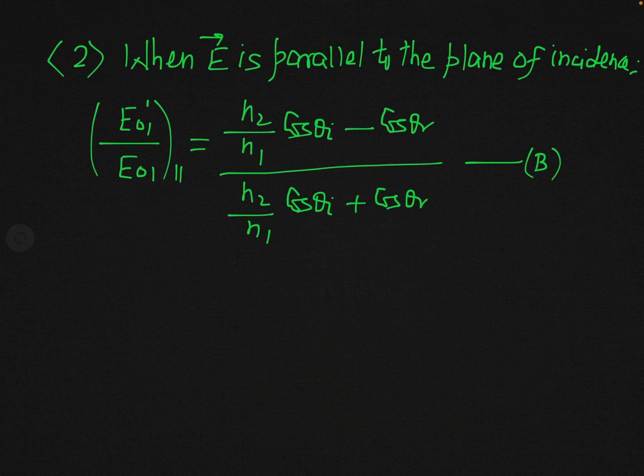Similarly, we found in the previous lecture that when the electric field vector E is parallel to the plane of incidence, E naught 1 prime over E naught 1 parallel is equal to n2 over n1 cos theta I minus cos theta r over n2 by n1 cos theta I plus cos theta r. From these two results, we will see first of all the phase retardation that takes place after total internal reflection.